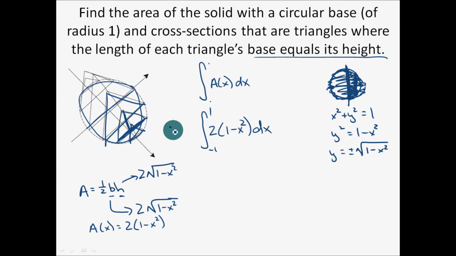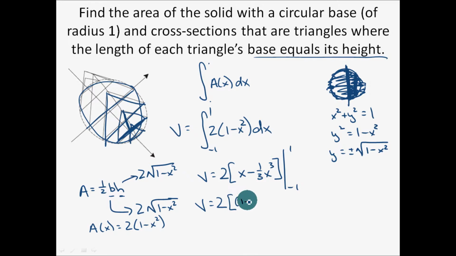All right, so this is going to give us the volume. So the volume is the constant goes out front. The antiderivative of 1 is x, and the antiderivative of x squared is 1/3 x cubed. And we want to evaluate this from -1 to 1. Okay, so the volume is 2 times (1 minus -1) minus 1/3 times (1 cubed minus -1 cubed).